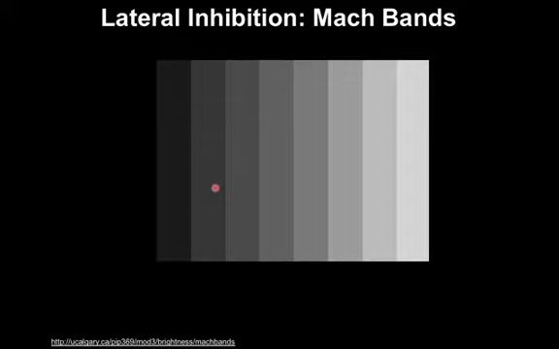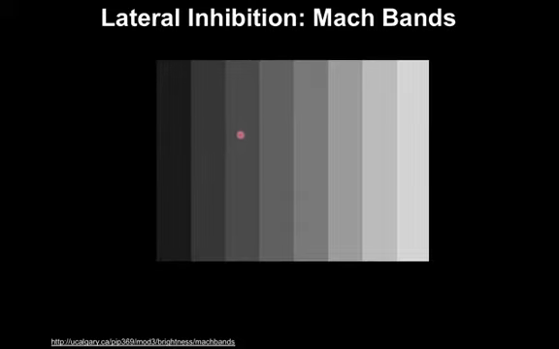If you were to look at this region, so I'm looking at the second gray band, and if we were in lecture, I would ask you to tell me which side of this band is darker and which side is lighter. And hopefully you would agree with me that we all perceive this side of the band to be lighter and this side of the band to be darker.